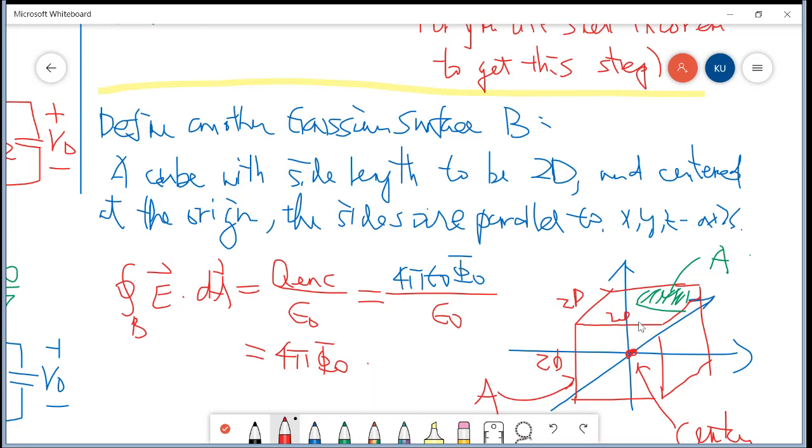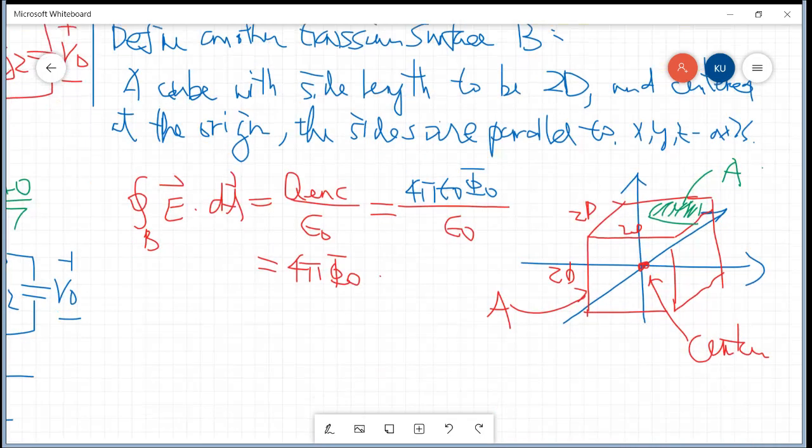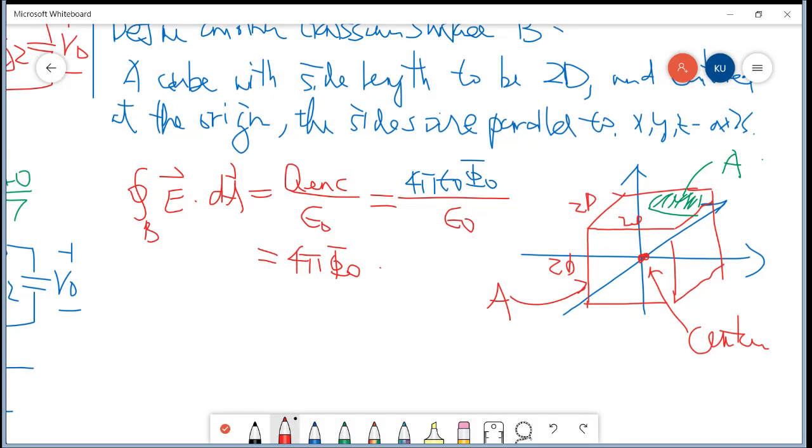Which means we can find that this is not a closed surface. This is a pure double integral.